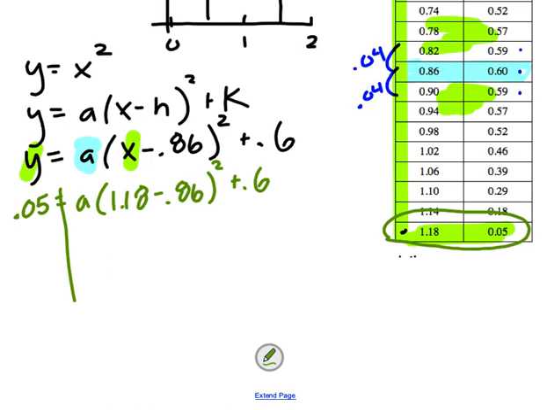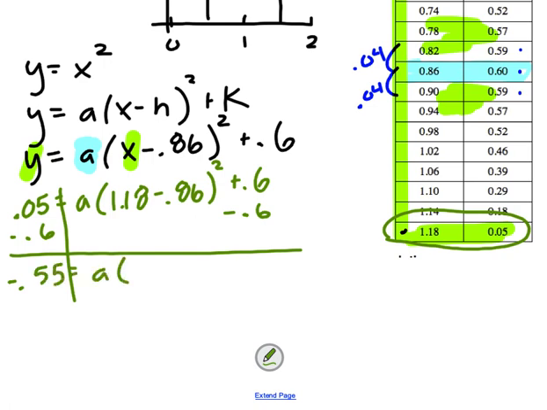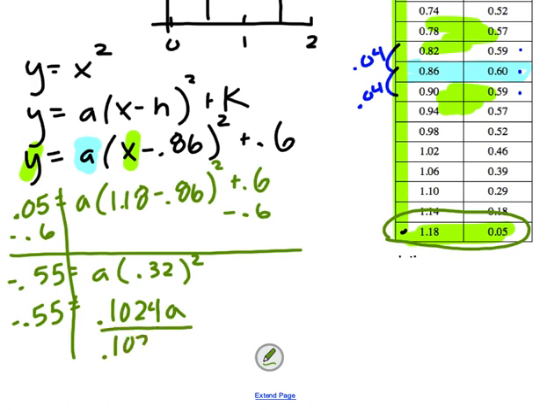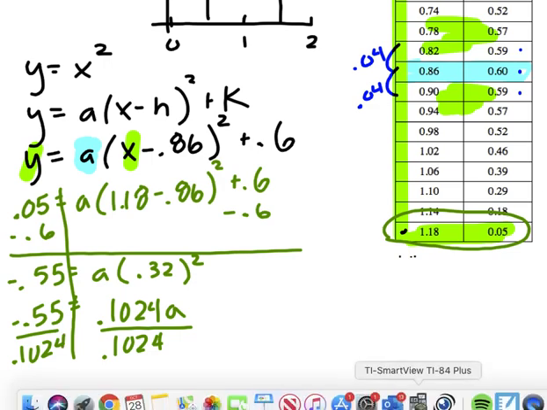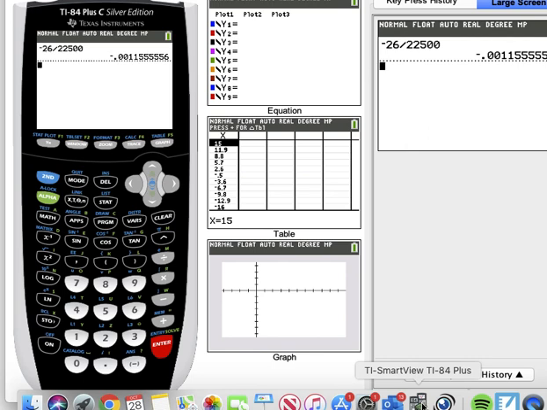The first thing I'm going to do is subtract the 0.6 from both sides. So I am at negative 0.55, and then in my parentheses I've got 0.32. And with the help of a calculator, 0.32 squared is 0.1024. I'm going to pull up my calculator to make sure the calculations I did are correct.